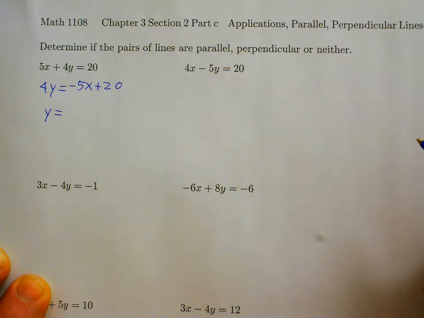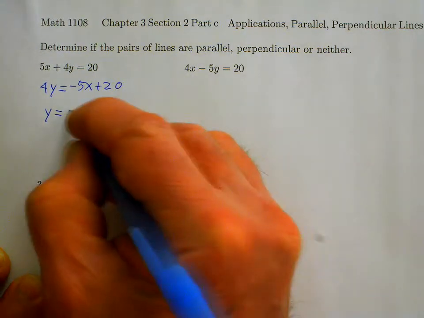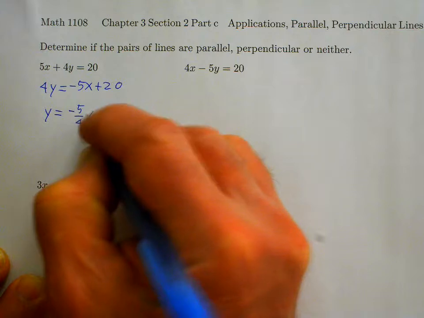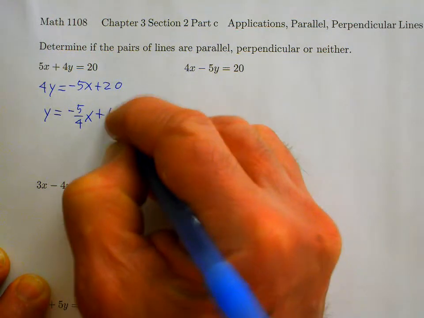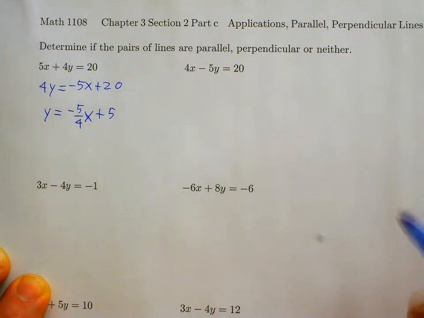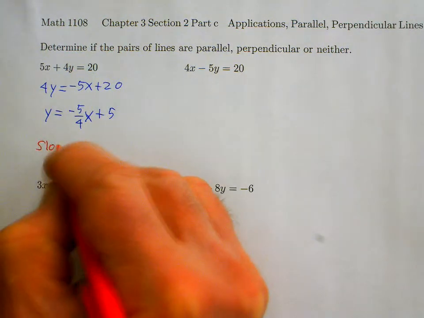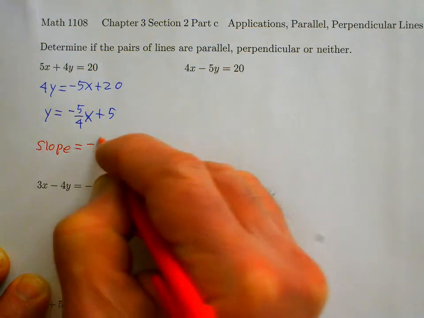Negative 5x divided by 4 is negative 5/4 x. And then 20 divided by 4 is positive 5. Okay, so the slope of this line on the left is negative 5/4.